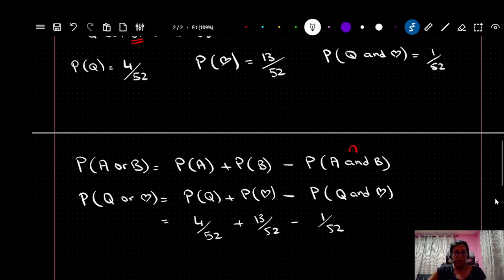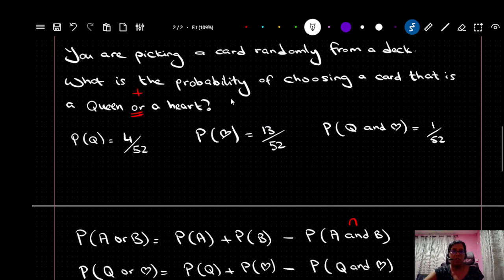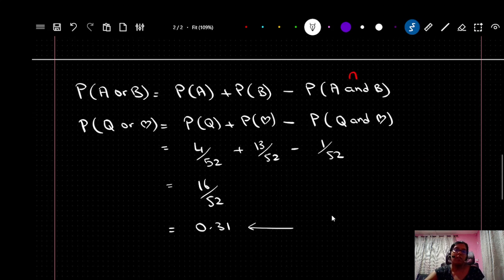If we calculate this, you get a fraction of 16 over 52, which in decimal is 0.31. So this is the answer. In this question, the probability of choosing a card that is a queen or a heart is 0.31.